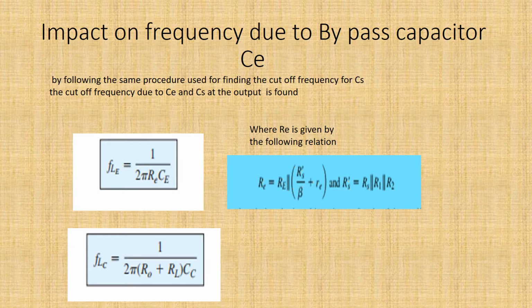Now the impact on frequency due to bypass capacitor CE. The same procedure is followed as you have done for CS. The cutoff frequency due to CE, we calculate the resistance Re by using this arrangement.